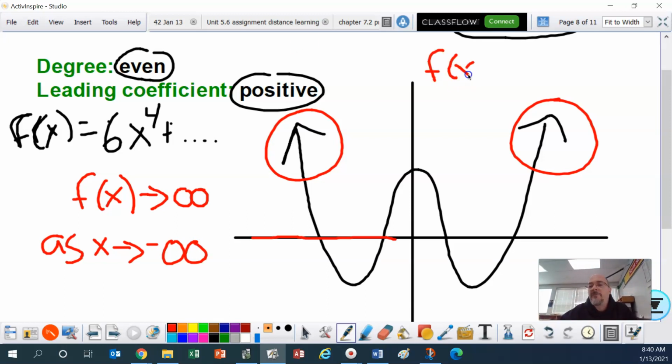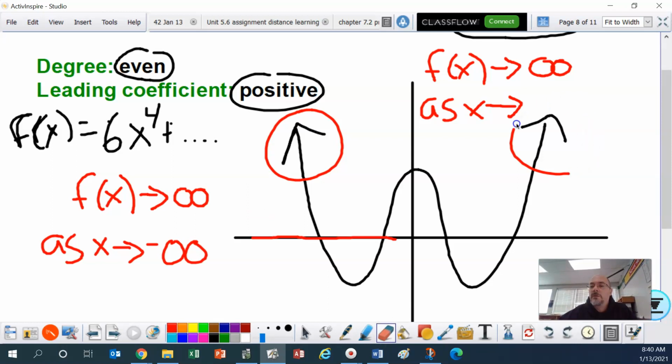Well, here the f of x is going to positive infinity. And what's the x doing? Well, it's also going to positive infinity. Okay, sorry, I'm going to erase my little circle right here. It's kind of in the way. All right, so as x goes to positive infinity. Okay, so that's our end behavior in that scenario.